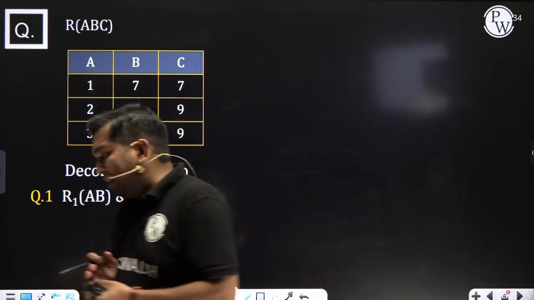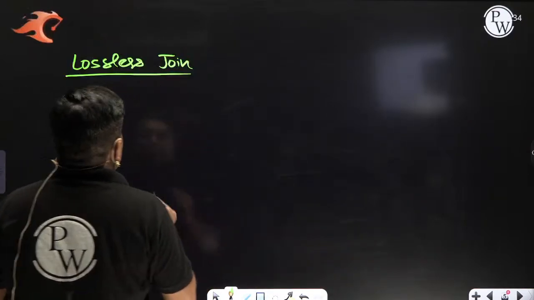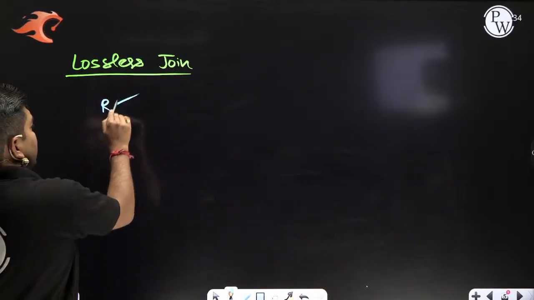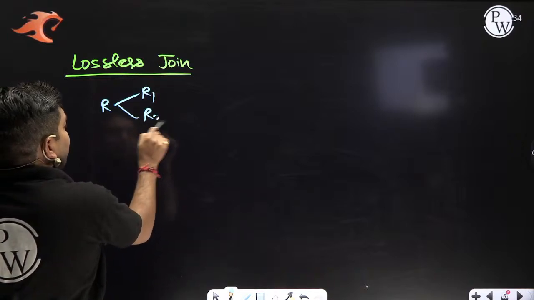Now, my dear students, I told another approach also. What is the other approach? Let R be the relational schema decomposed into sub-relations R1 and R2.